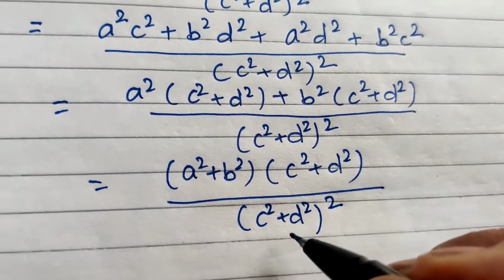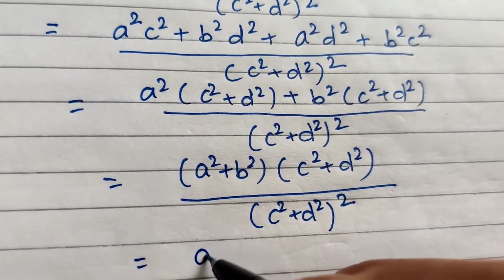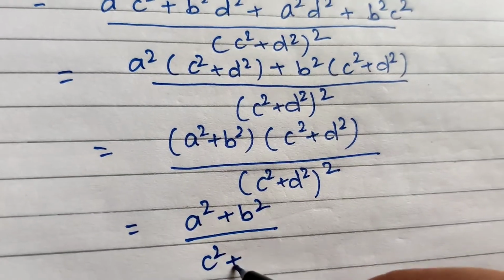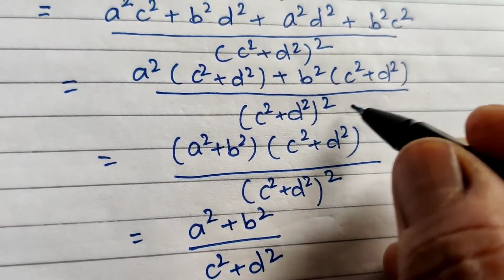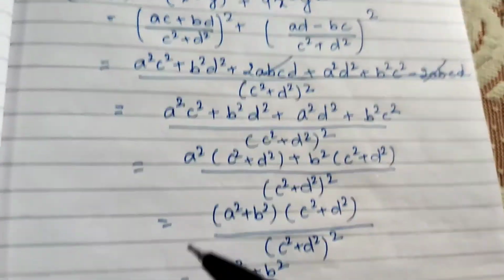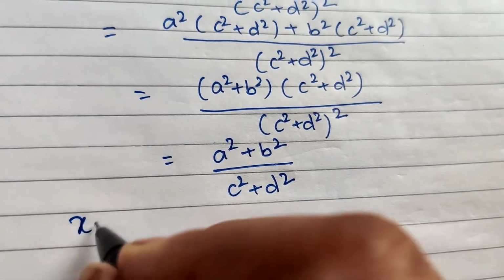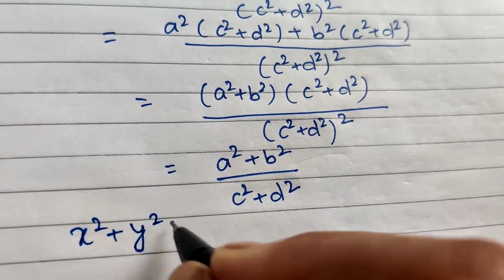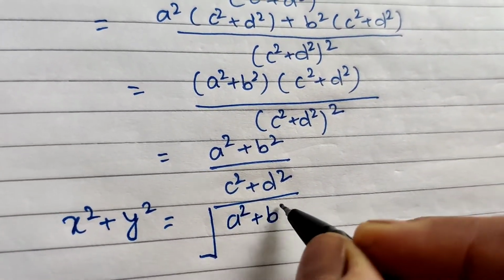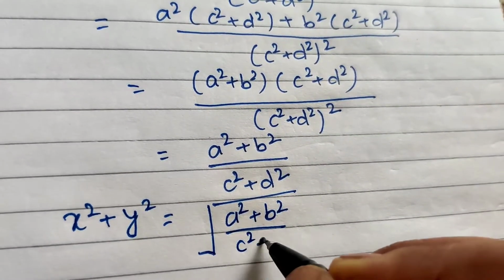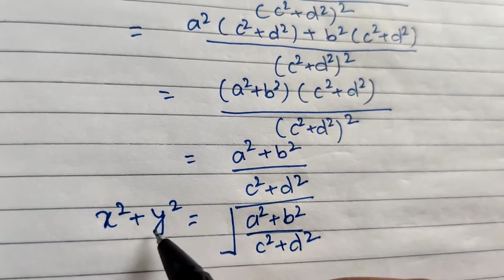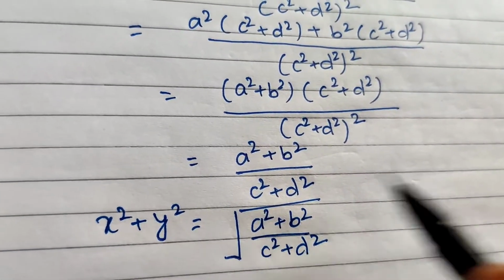Now cancel one part, remaining is (a square plus b square) upon (c square plus d square). Now we have to find x square plus y square. It is a whole square, so take the square root of both sides. Hence proved. We have to prove that x square plus y square equals the square root of this.